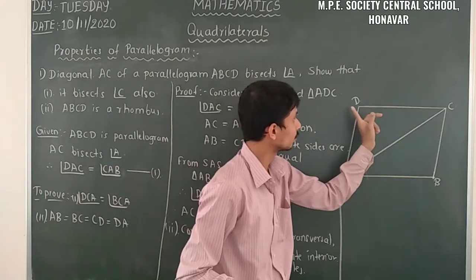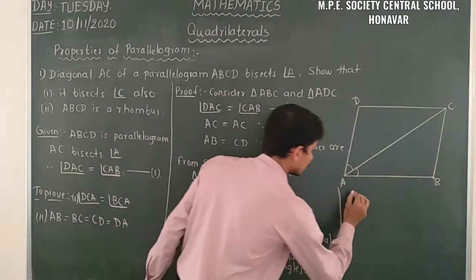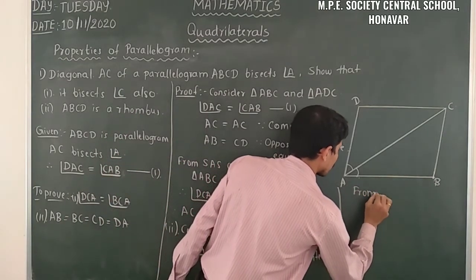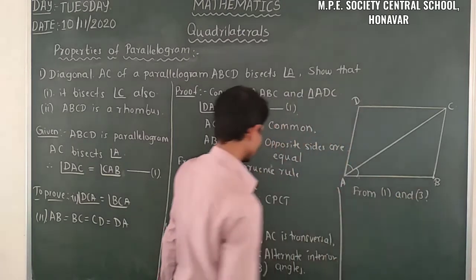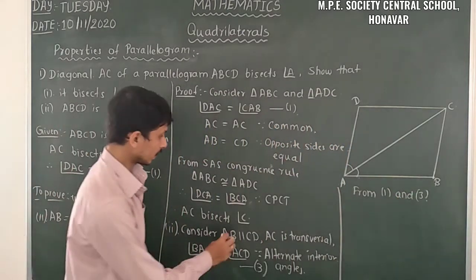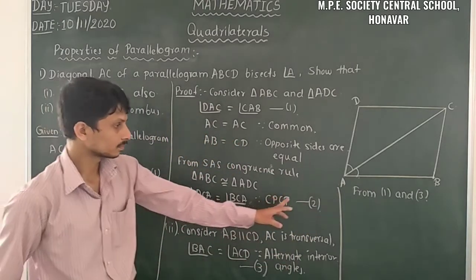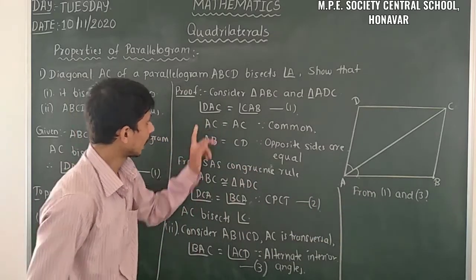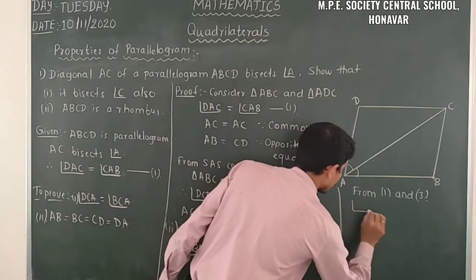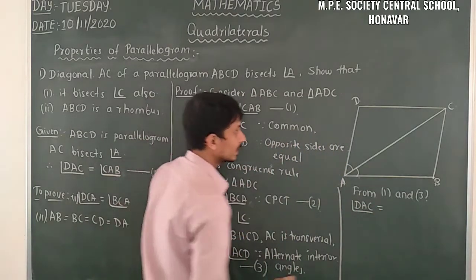We can take this from equation 1 and 3. Here we can consider the earlier one as equation number 2. From equation 1 and 3, angle DAC is equal to angle ACD.